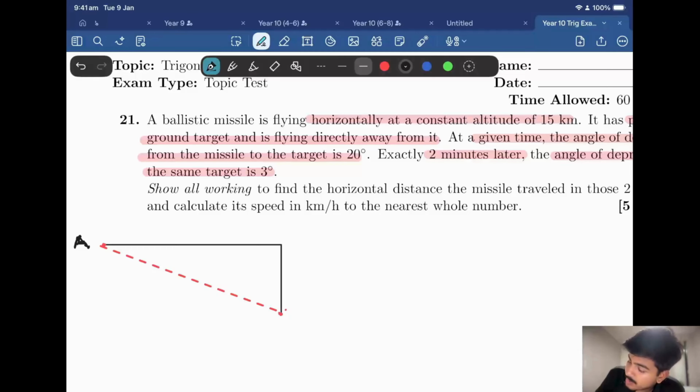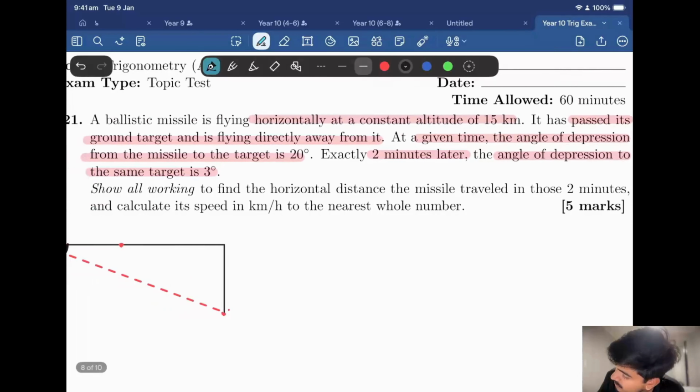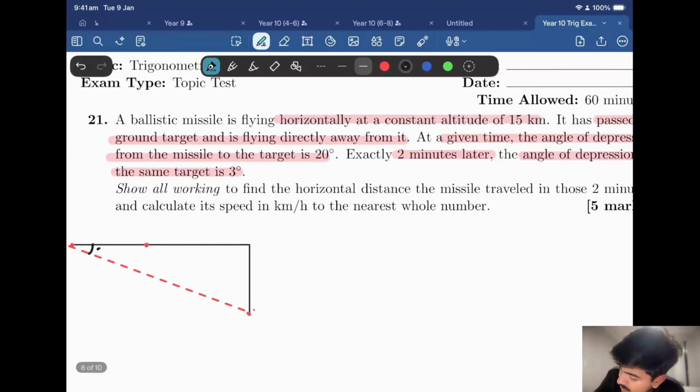Now we look at point B, right? Because the missile just continues flying straight, and the angle of depression here is, let's say it says 20 degrees, okay?